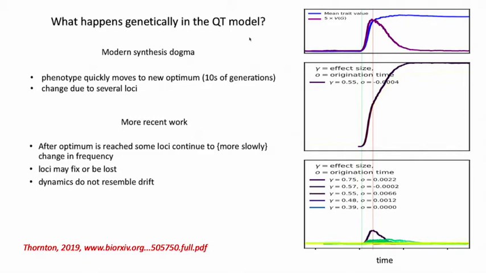So when he actually runs the simulations and allows mutations of different sizes to occur, almost all the adaptation is due to large effect mutations whose origin is actually extremely close. And here's the origination times. It's extremely close to the time the peak shift occurs. So it's actually a fascinating and novel result, I think. So that's a paper worth reading.